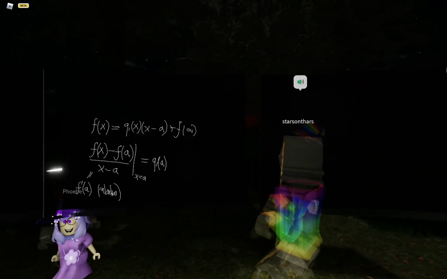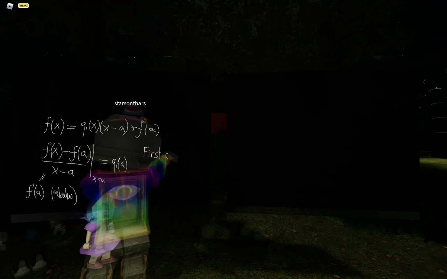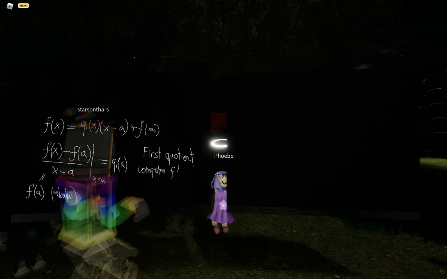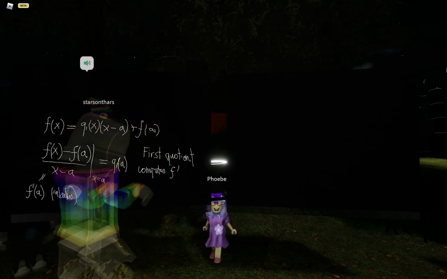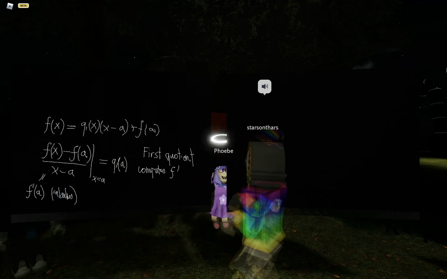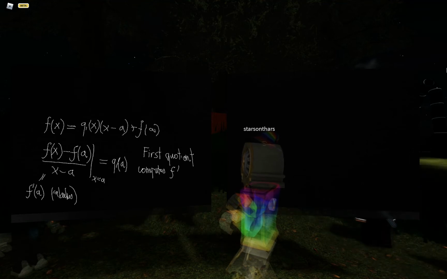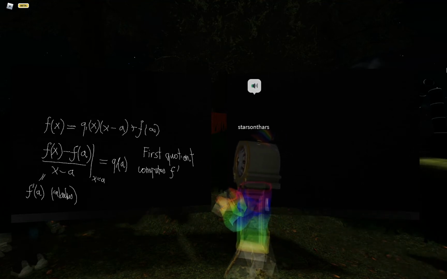So the first quotient, when you evaluate it, computes F prime. I guess we can continue to do the second derivative. Maybe it's already pretty clear. Maybe I'll just expand out this first step and leave it at two steps.